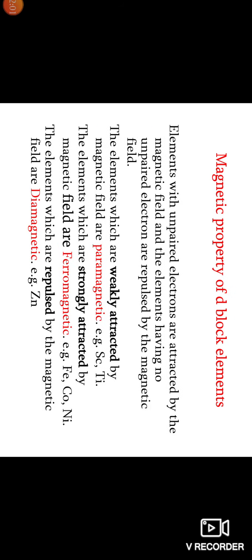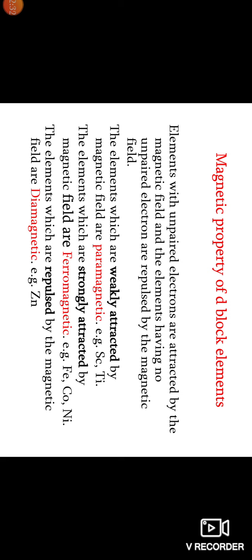Now let us discuss the magnetic property of d block elements. Actually, magnetic property depends on whether an atom or element contains unpaired electrons or not. If a d block element contains unpaired electrons, then it is attracted by a magnetic field and we say it has magnetic property.